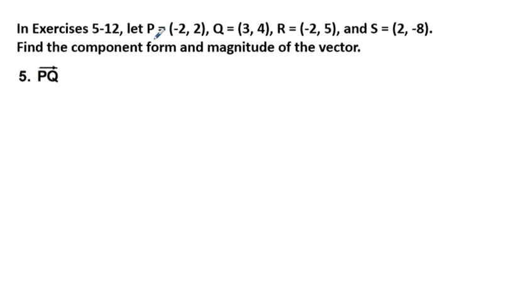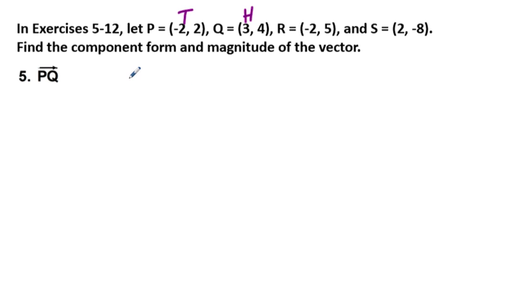In exercise 5 through 12, let P equal -2, comma 2, Q equals 3, comma 4, R equals -2, comma 5, and S equals 2, comma -8. Find the component form and magnitude of the vector. And so PQ, okay, that's going to be head minus tail.